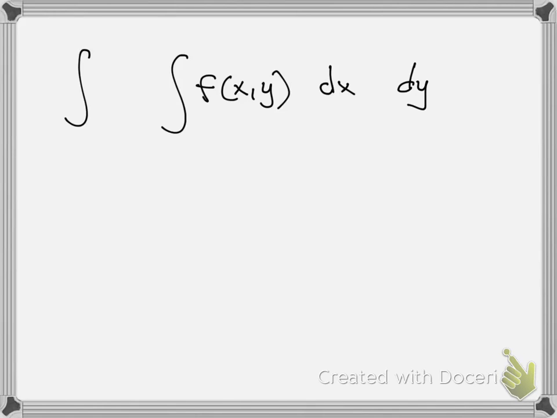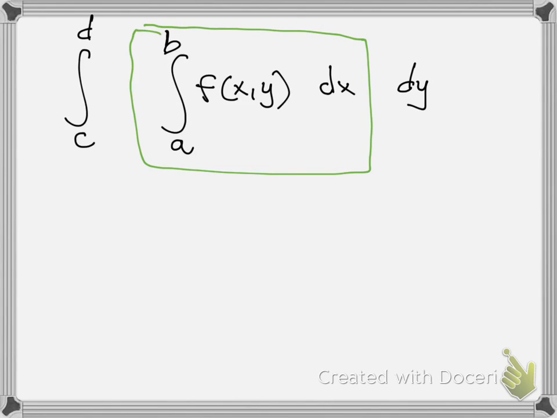So let's say you have f of x, y, and dx, and then dy, right? And let's say here we have a, b, and then here you have c, d. So this notation means first we integrate with respect to x.